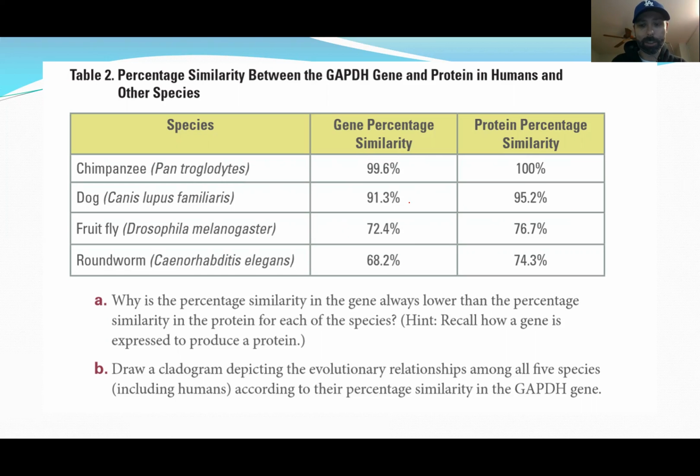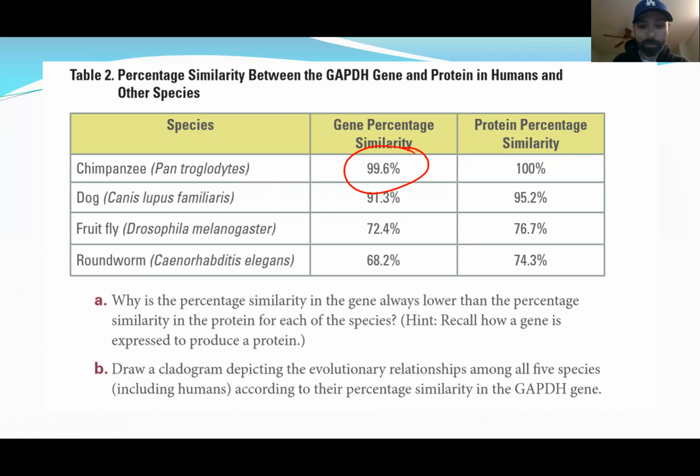And this question is asking you to remember that there's this thing called exons and introns, right? And so we're going to take our genes and then cut them apart. So the things that get cut out might have mutations, which would make them not as similar, only 99.6% similar here, but those pieces get cut out. So then when you look at the protein, it is 100% similarity because those mutations didn't affect the actual protein.